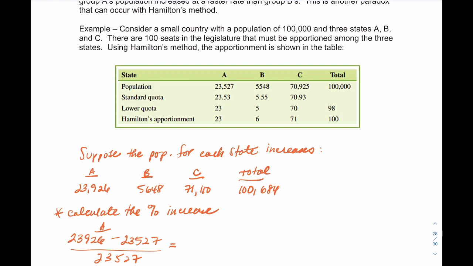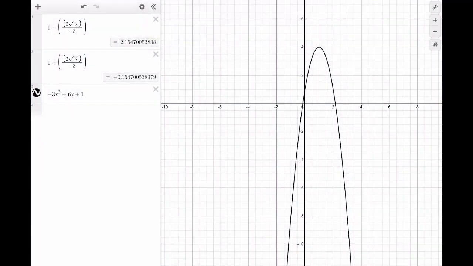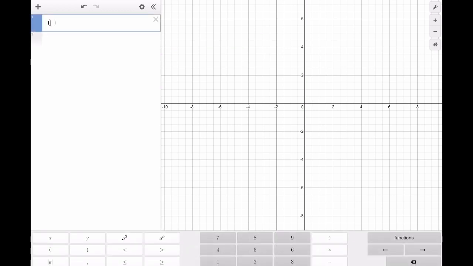Here, let me show you. So you're going to get 23,926, and then we're going to subtract 23,527. Okay, and that gives us 399.